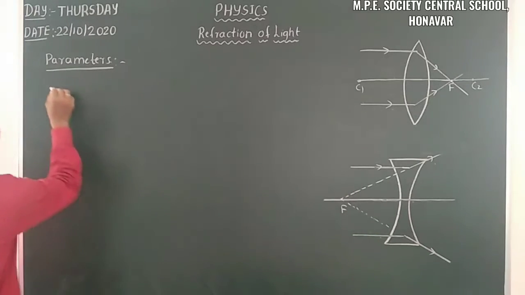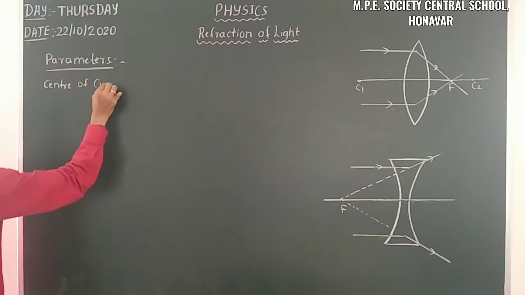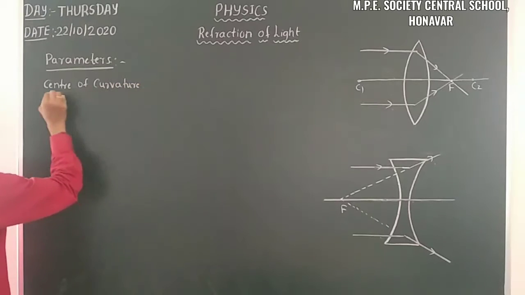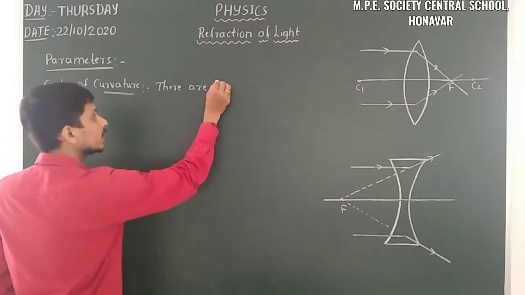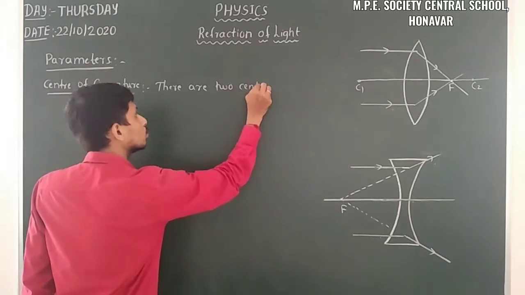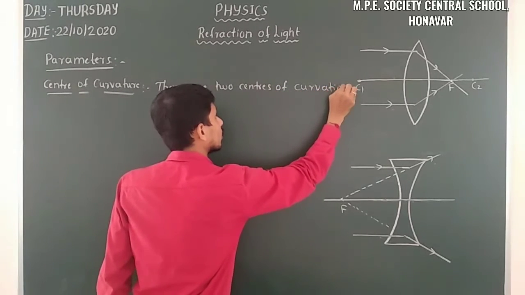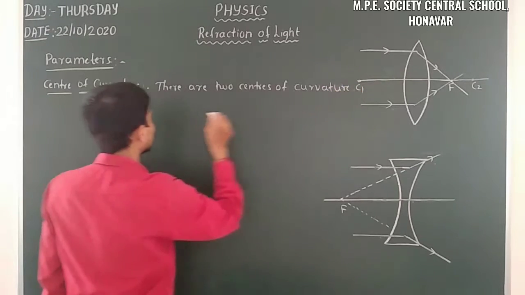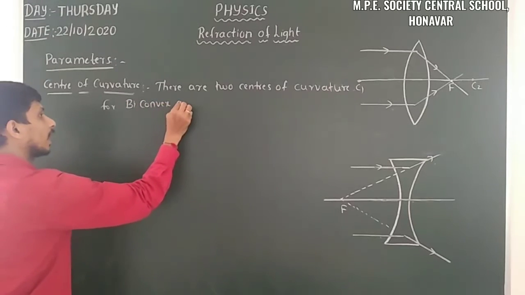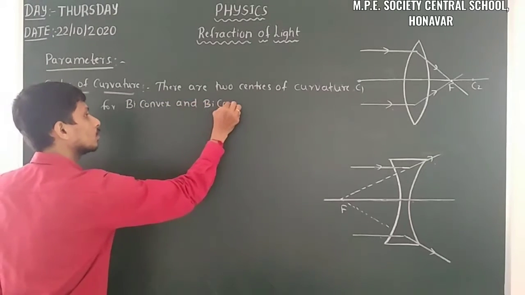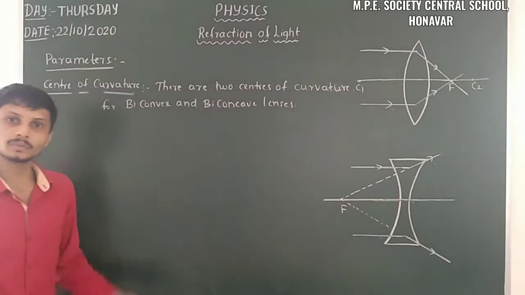So firstly, the first parameter is center of curvature. There are two centers of curvature for biconvex and biconcave lenses.